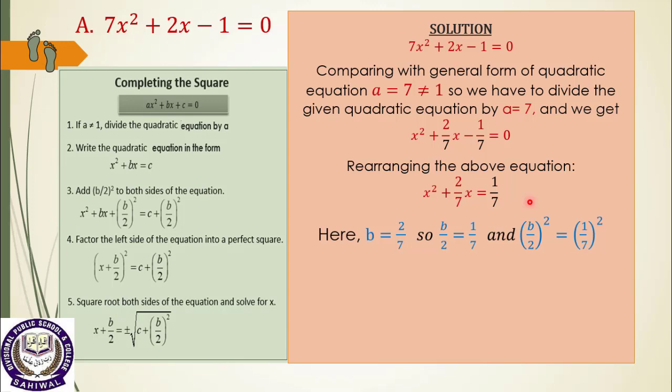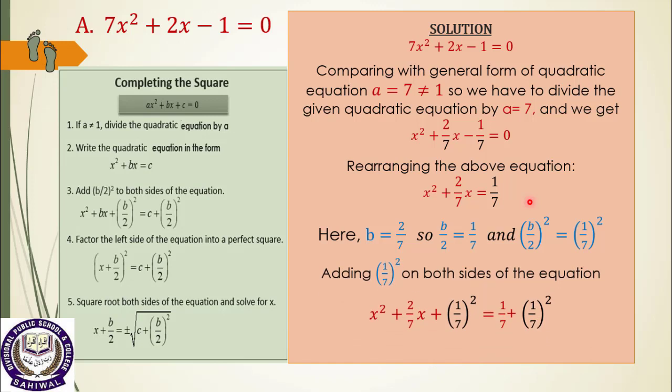In this equation, b is equal to 2/7. So b/2 will be equal to 1/7, and (b/2)² is equal to (1/7)². Adding (1/7)² on both sides of the equation, we get x² + (2/7)x + (1/7)² = 1/7 + (1/7)².